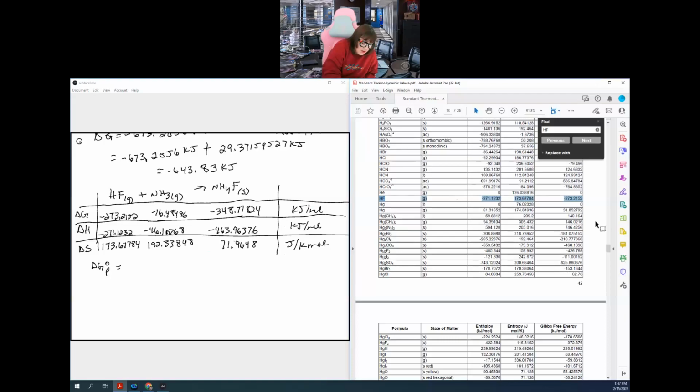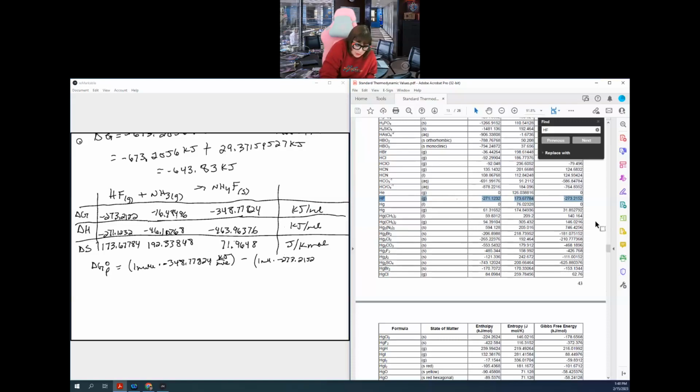Okay. So I have one product here. I make 1 mole. So I have 1 mole times the negative 348.77824 kilojoules per mole. I'm going to subtract from that this quantity, 1 mole times negative 273.2152.